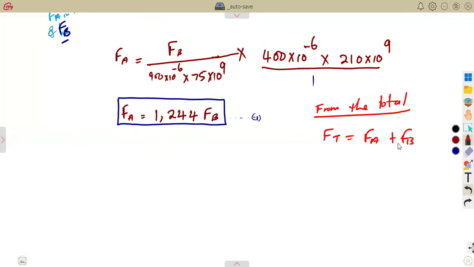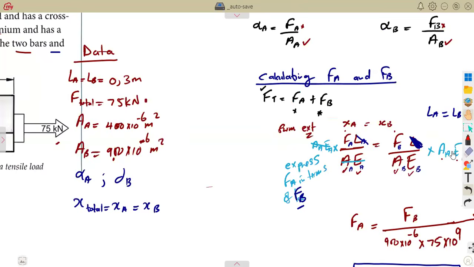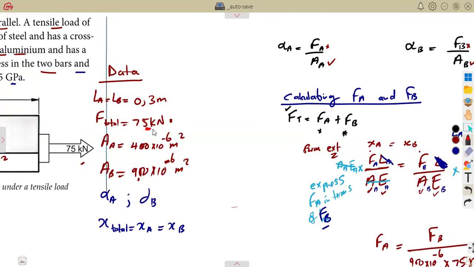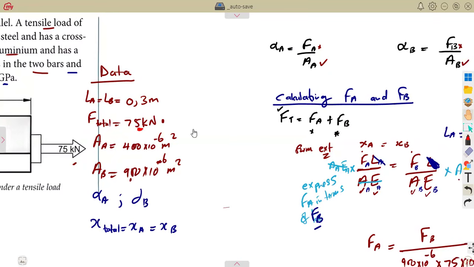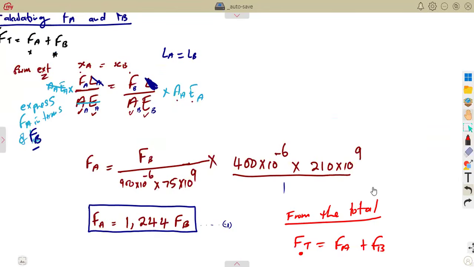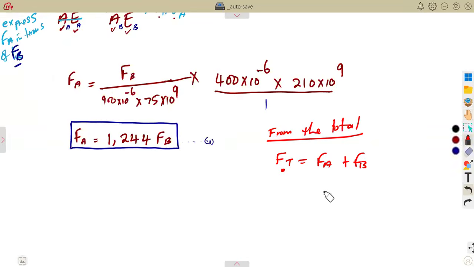So if we check here, the total force is given, remember, for the whole compound together. This compound is given 75 kilonewton, kilo times 10 to the exponent of 3, which is 75,000. So it simply means 75,000 is equal to FA.